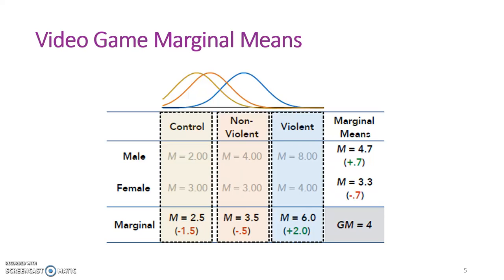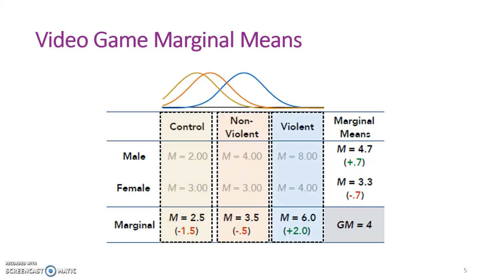The video game marginal means are, again, highlighted here, and we can see the different distributions above the table to show what they might look like if they came from separate populations. Completely ignoring gender, the control group mean aggression is 2.5, the nonviolent group aggression is 3.5, and the violent group aggression is 6.0.